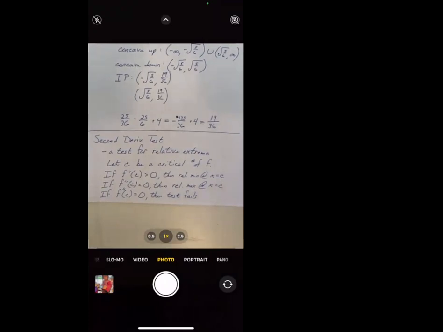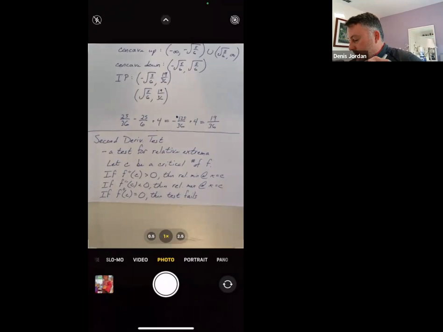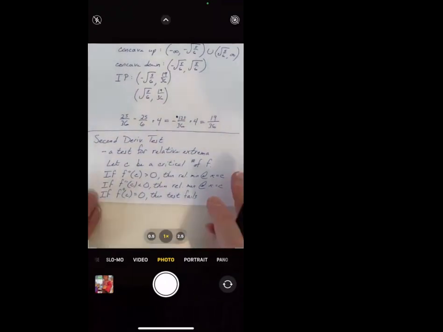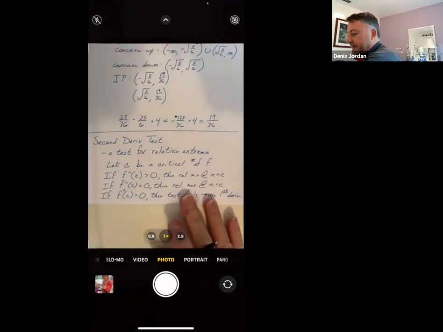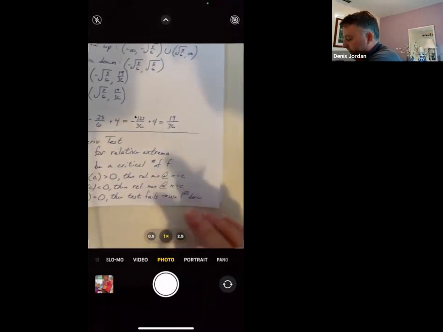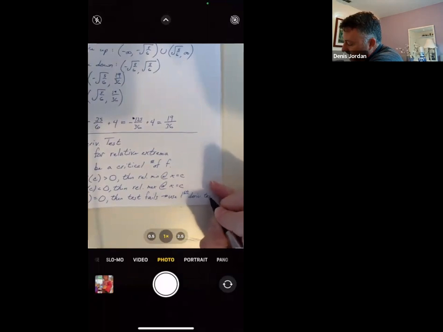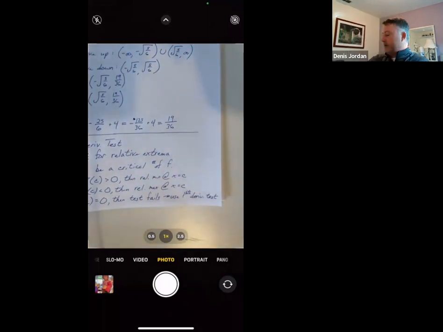Do you just get to stop and go, oh, no extrema, and then move on, or do you have to do something else? You go back to the first derivative. Yeah, so use that first derivative test.